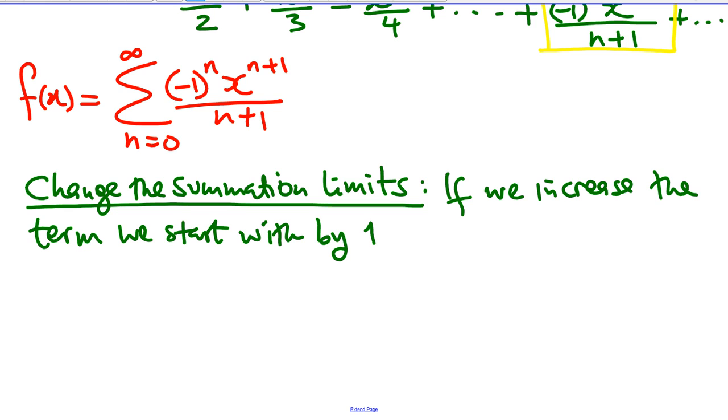what I mean by that is we have this summation sign. So f of x is equal to, so instead of writing n equals 0, I'm going to write n equals 1. That's what I mean. So if we increase the term we start with by 1, then what we can do is we can replace n with n minus 1 in s sub n.